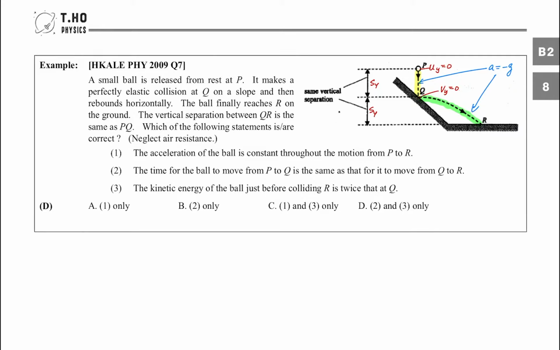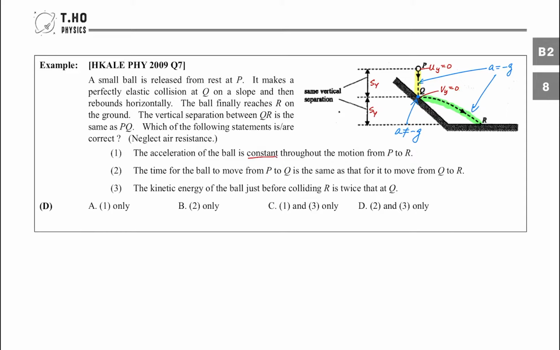So it seems right, but be careful. At the moment when it is at point Q, it is rebounding. So the ball is not only acted on by gravity, but also by the reaction force. So we know that the acceleration is not equal to negative g. There are some other components we have to consider.